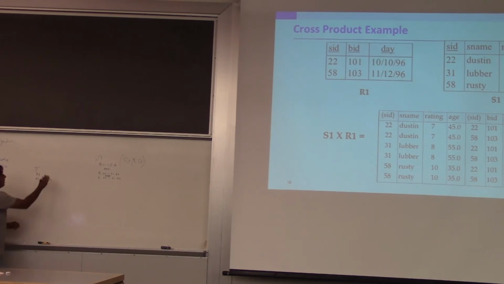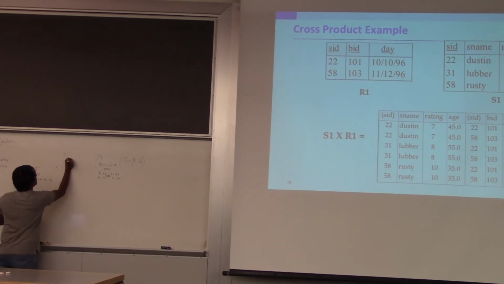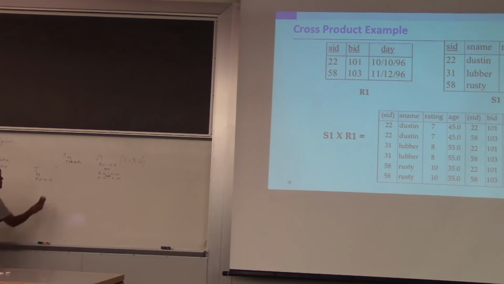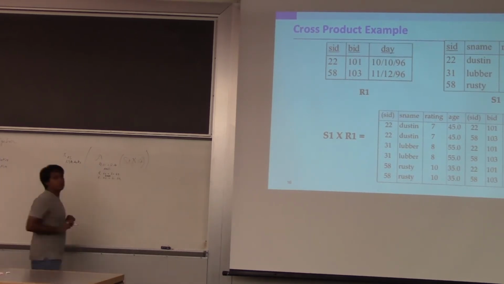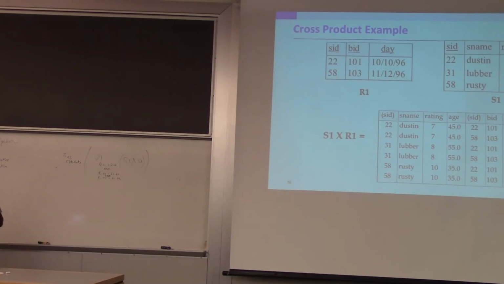Got it? Then we do the projection of whatever we have. So I can just write this one over here: R1, comma S, B1, B2, B3. Okay? So this is exactly the join operator.